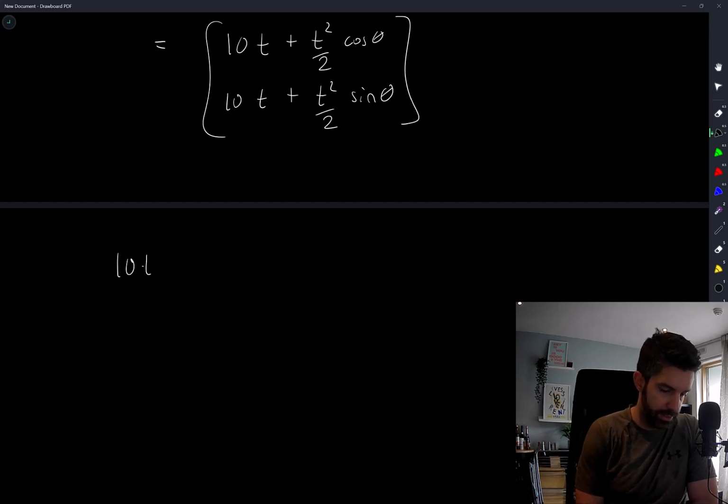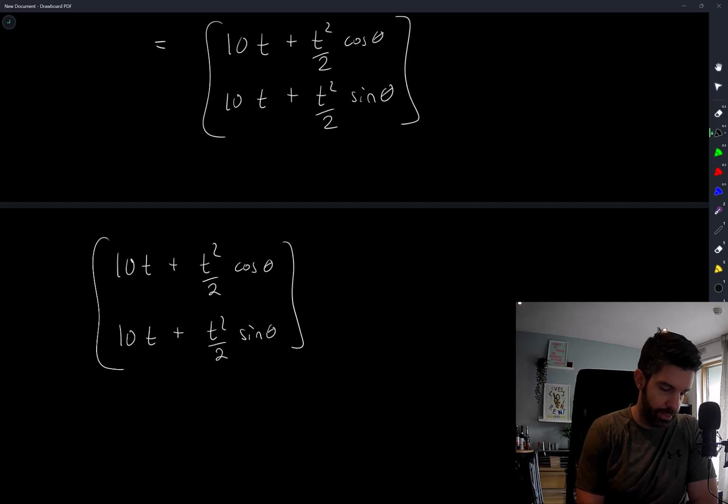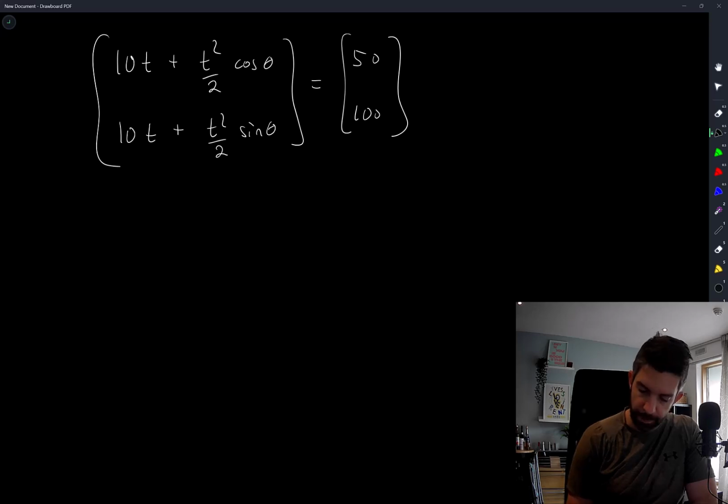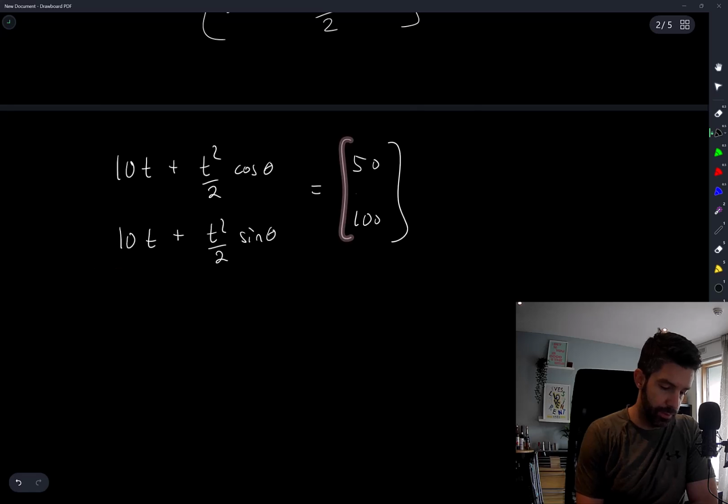So I need 10t plus t squared over 2 cosine theta, 10t plus t squared over 2 sine theta, to equal 50, 100. And so of course this is really just two equations and two unknowns. Well, I suppose the best thing to do is take a difference of these two equations. Let's not think of it as a vector equation anymore. Let's just think of it as two equations like this.